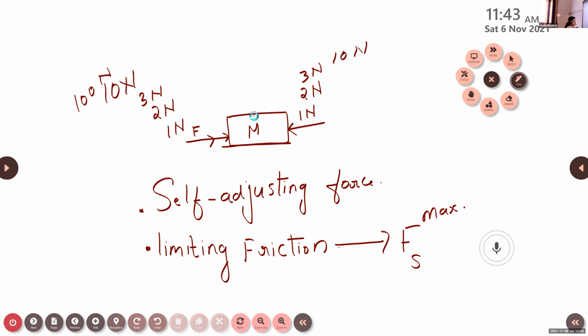All of you write the subheading: what do you mean by limiting friction?